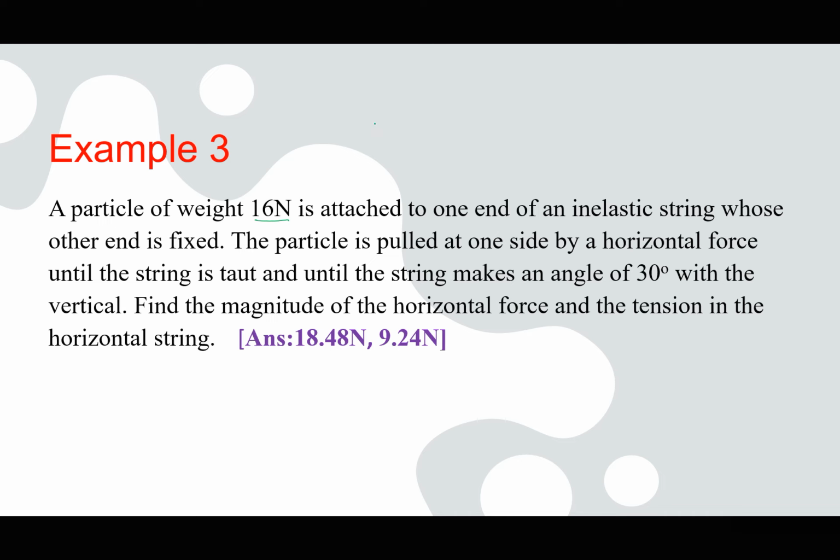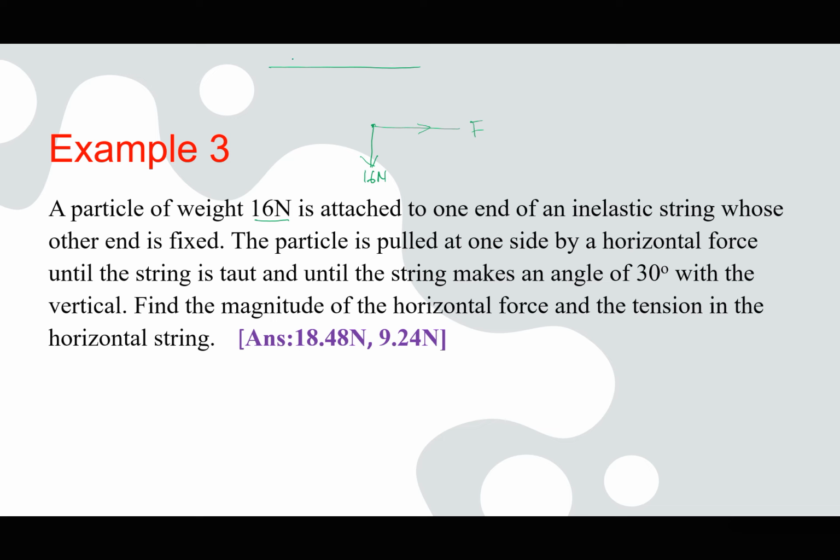So there's a particle, I'll sketch a diagram here, whose weight is 16 newtons. It is attached to one end of an inelastic string whose other end is fixed. The particle is pulled at one side by a horizontal force, which we are going to call F, until the string makes an angle of 30 degrees with the vertical.